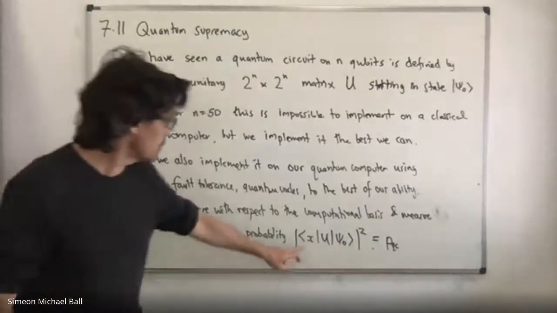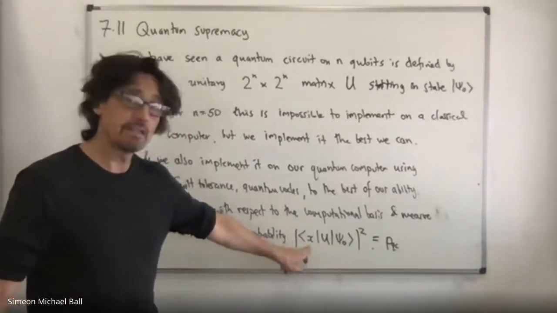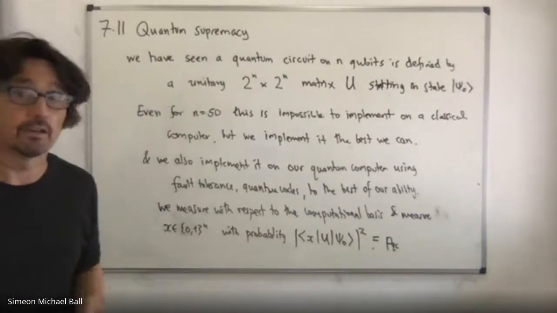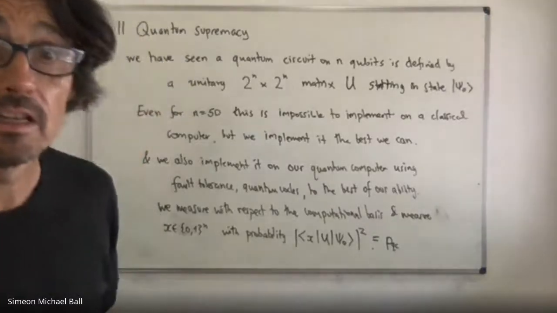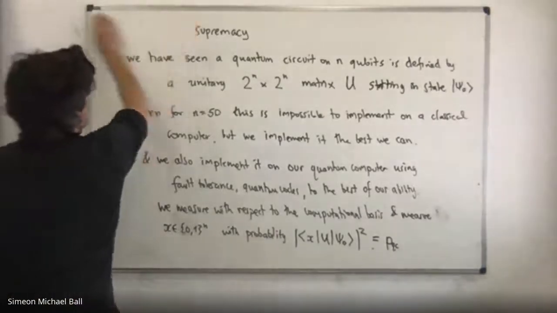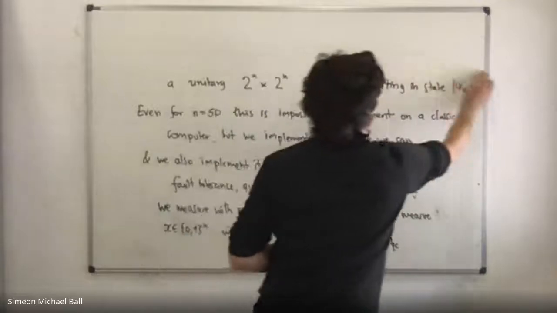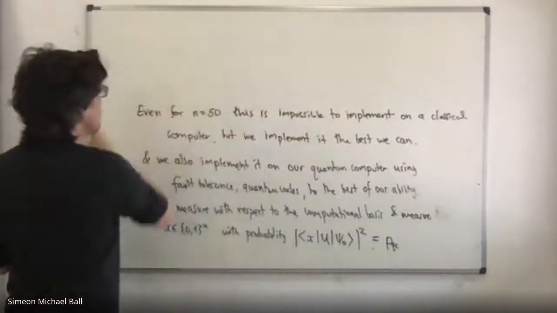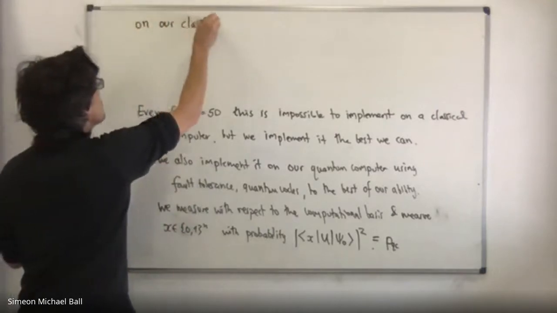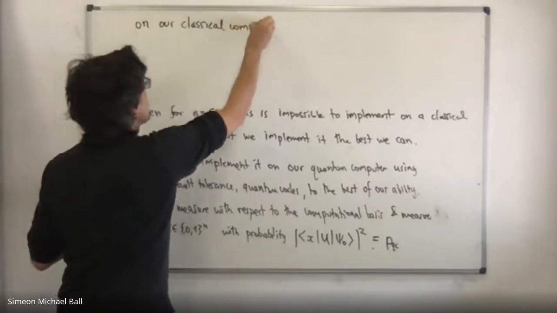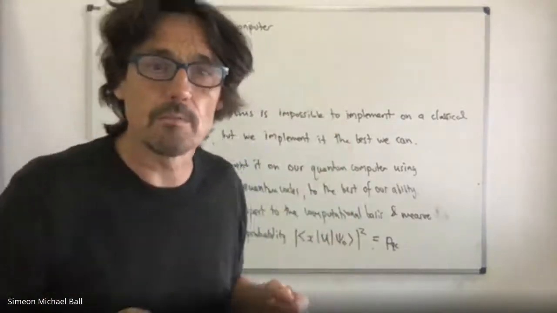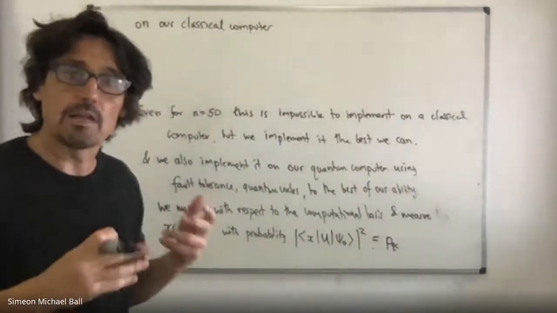It doesn't really depend on which element of the computational basis you have, since we've chosen our unitary matrix at random. We do the same on our classical computer, and this will output some string of 2 to the n bits somehow, and we simulate a measurement on that.